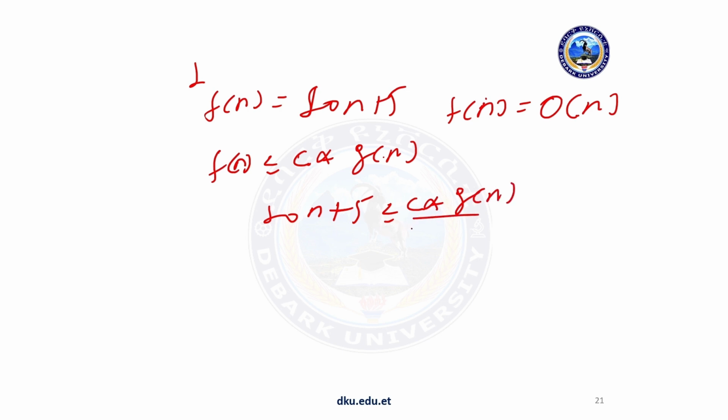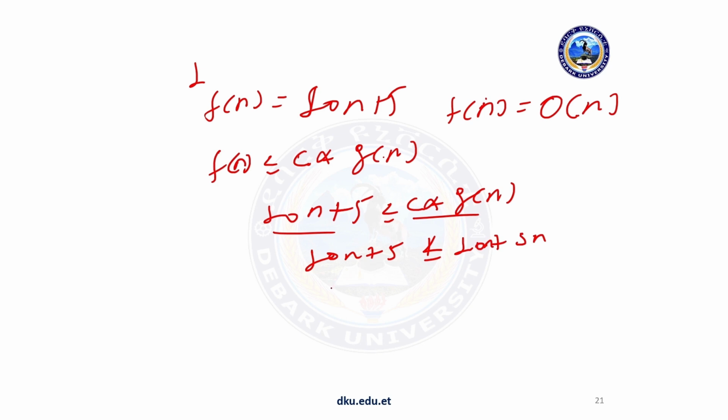Here we can simply add any function that is greater than this function. So 10n plus 5 is less than or equal to a function that is greater than this one. So we can use 10n plus 5n, right?